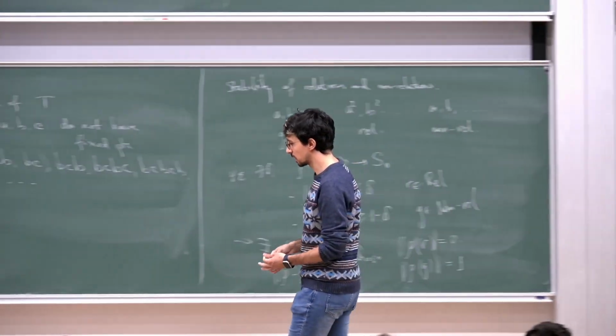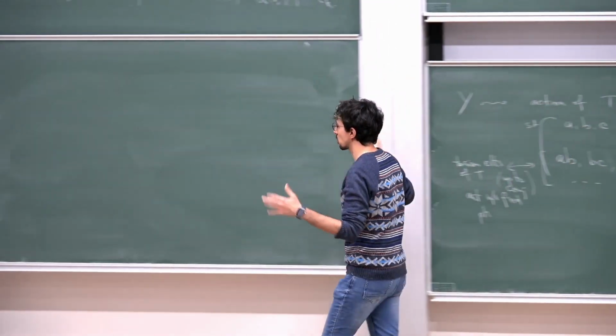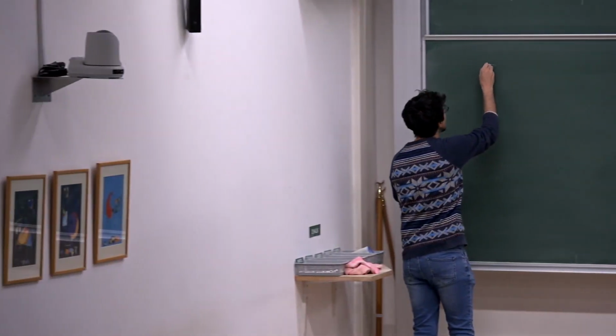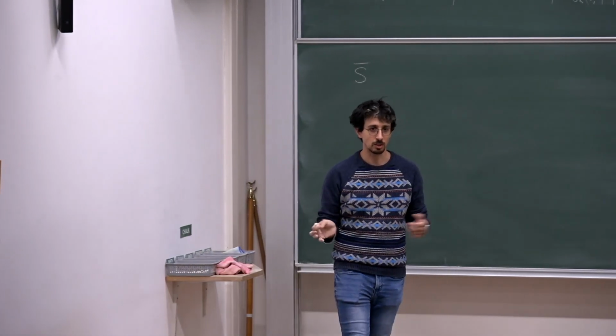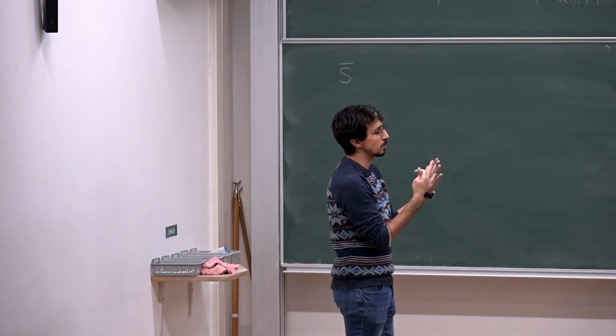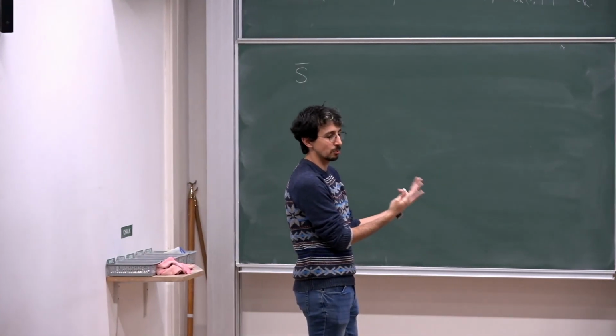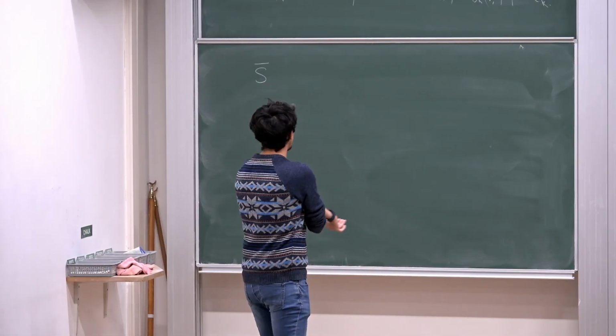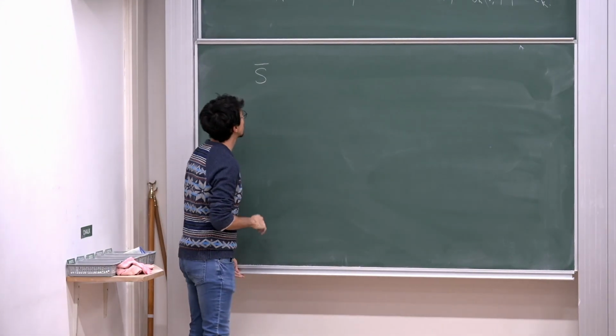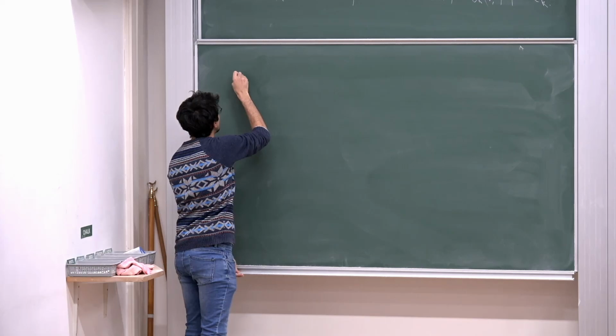The way to do it is we'll take this surface S bar and chop it up into pieces, such that in each piece we see something that looks like a part of a covering. Now we do have those branch points, so here's the proposition.